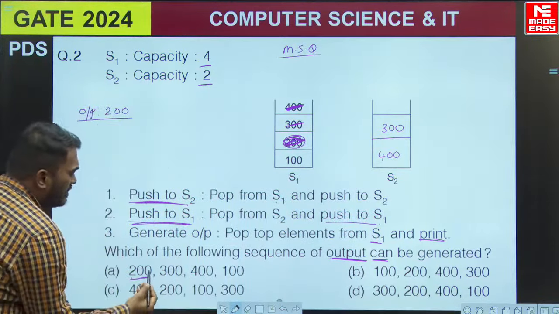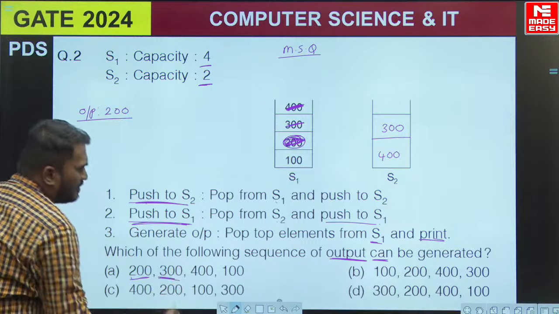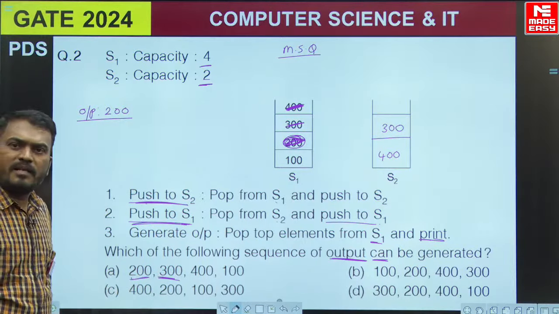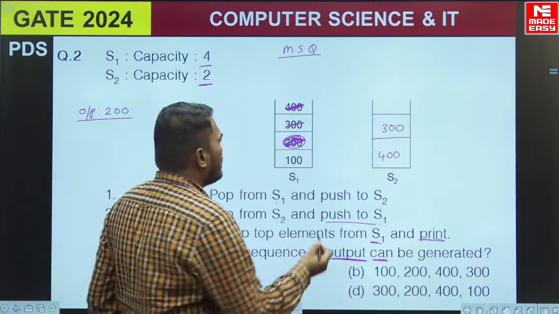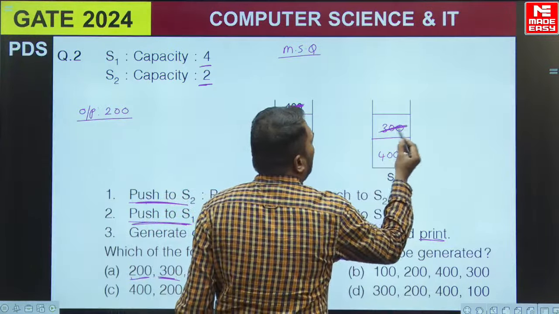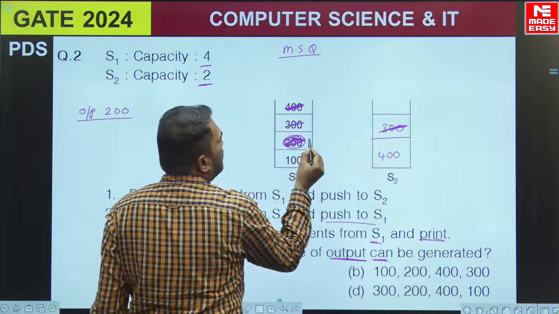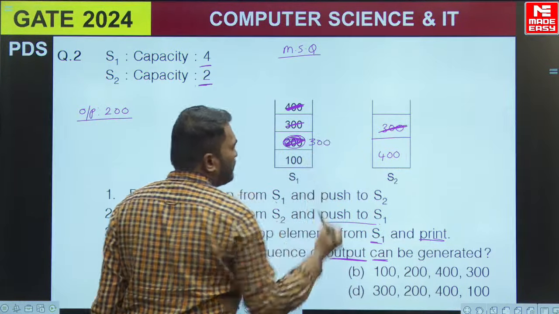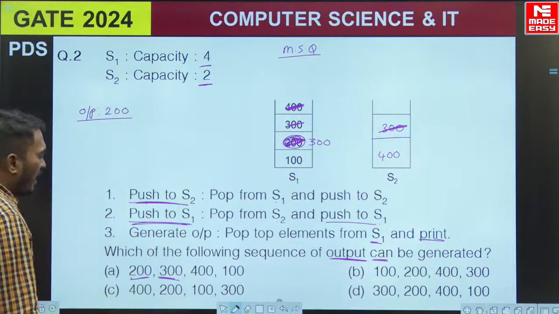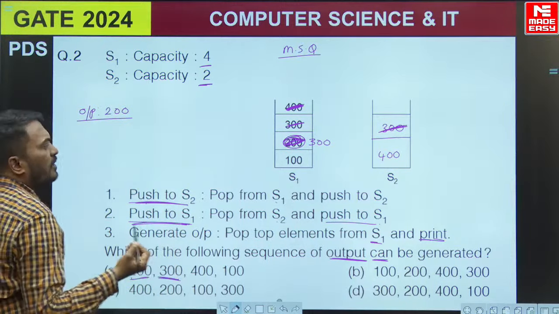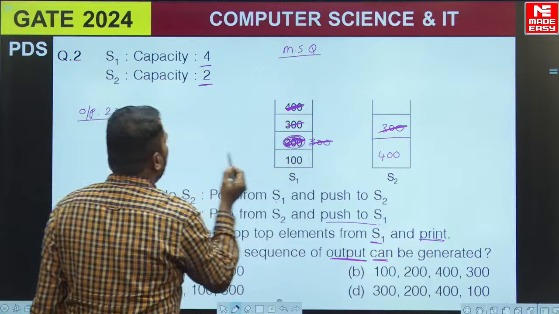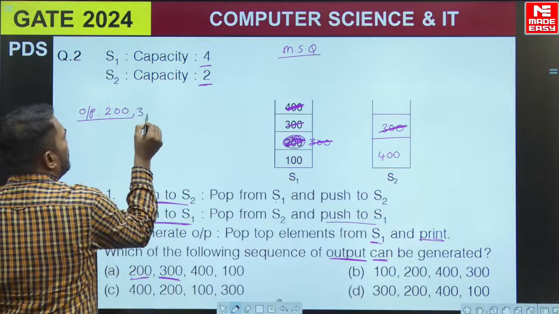Now tell me what is the next output you want? 300. Is 300 possible? Yes. How? I will pop this 300 from here and push into S1, correct. After pushing 300, I will pop the 300. So if I pop this 300, now 300 will be generated.